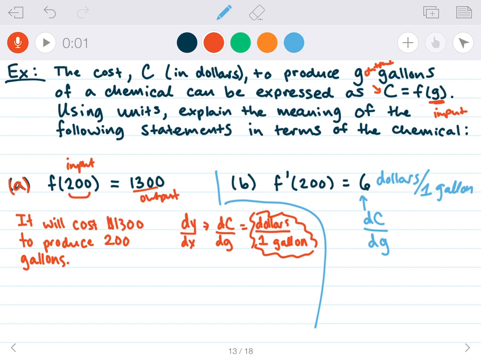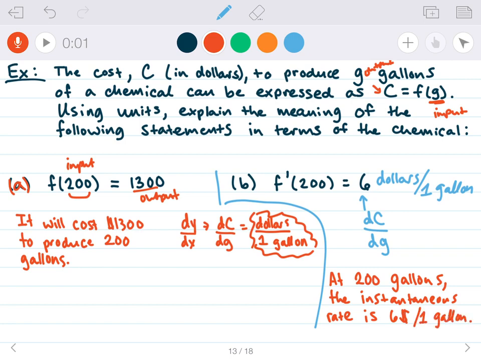So what is this telling us? Well, at 200 gallons, the instantaneous rate, the derivative, is $6 per 1 gallon.